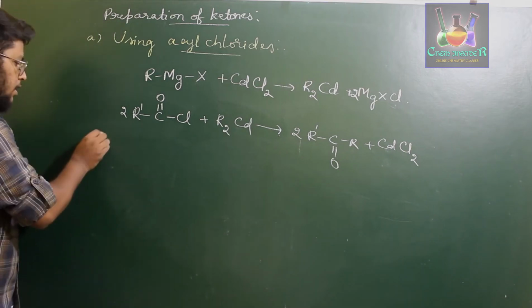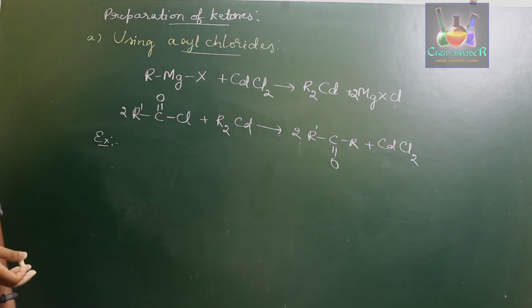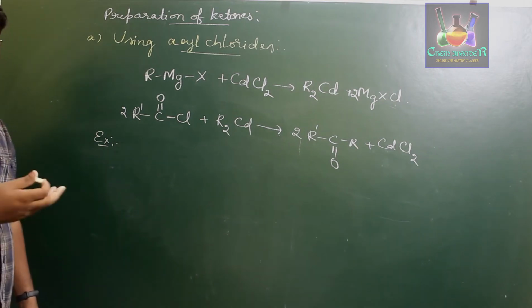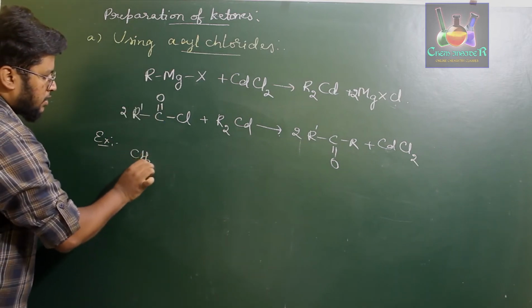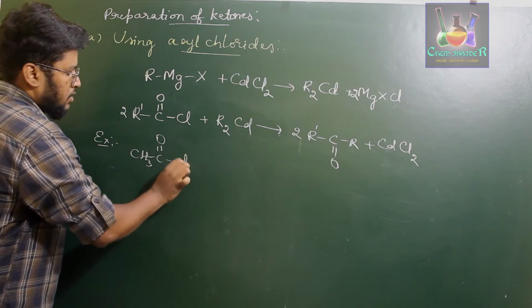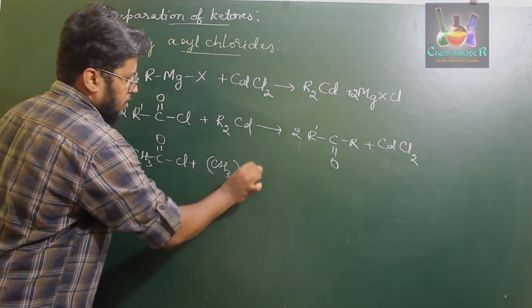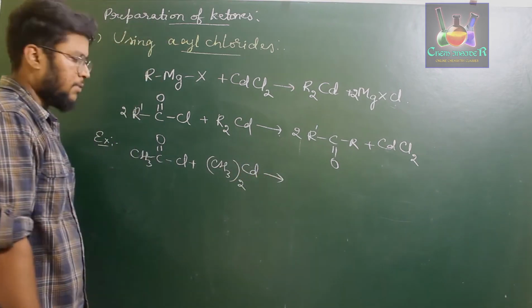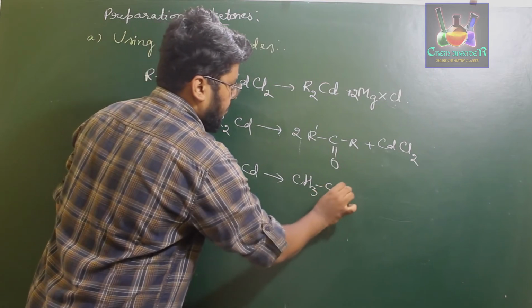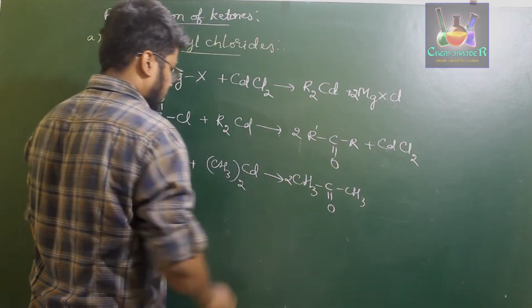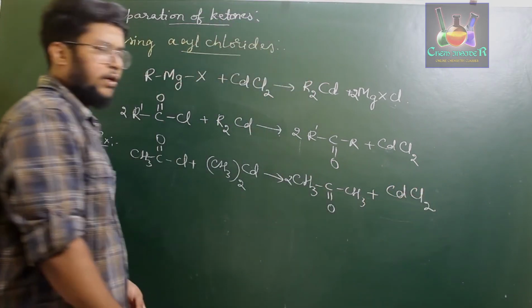For example, let us consider two examples, one in which we are preparing an alkyl ketone and the other an aryl ketone. In this case, if you treat CH3COCl with (CH3)2Cd, dimethyl cadmium, we will be preparing acetone, CH3, C double bond O, CH3, two molecules of acetone, along with the formation of cadmium chloride.